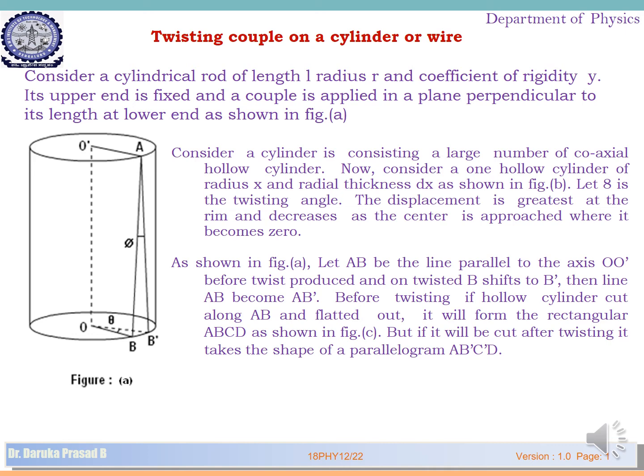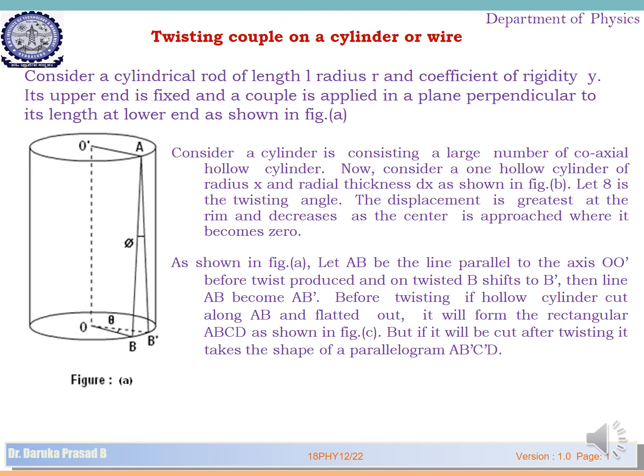That means B to B' is the change in the twist, the point B with respect to the earlier position. Now you can join A with B and B', and you get one more triangle, that is ABB'.